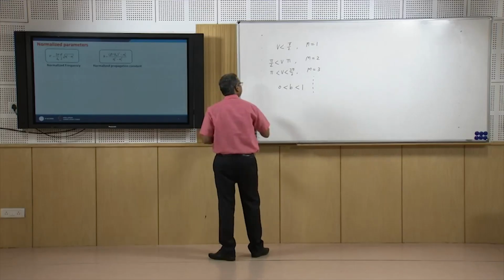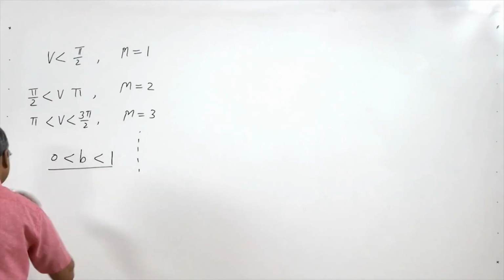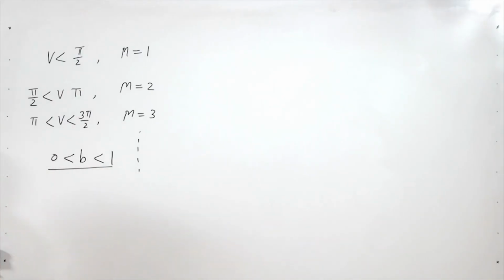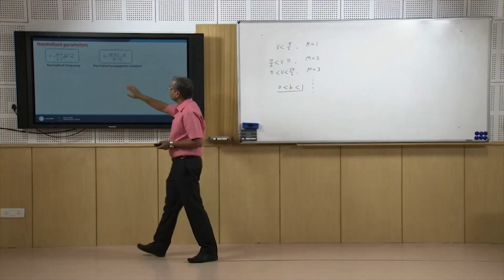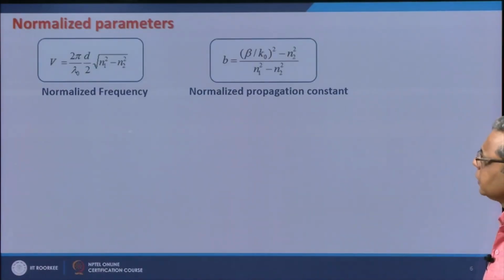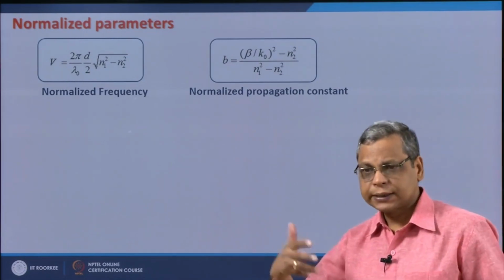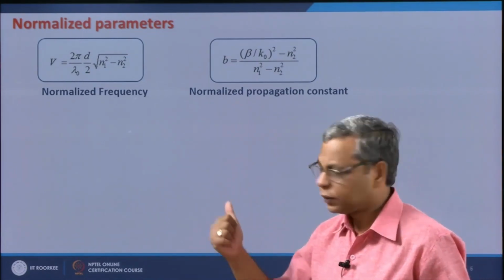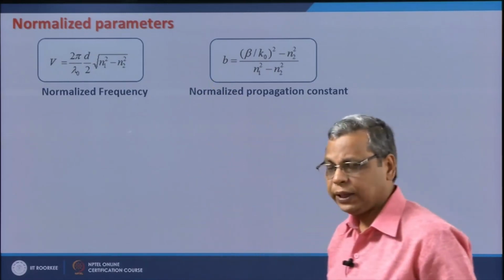So, this is now normalized propagation constant. Now, my task is to replace that xi with B and V.